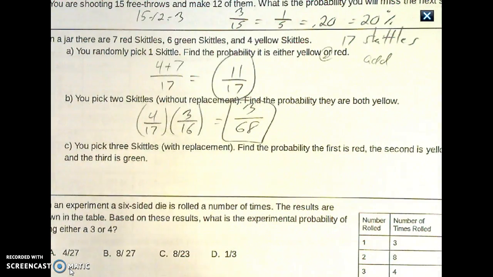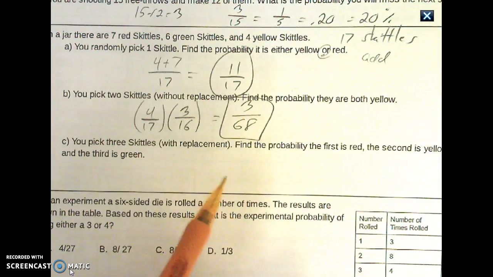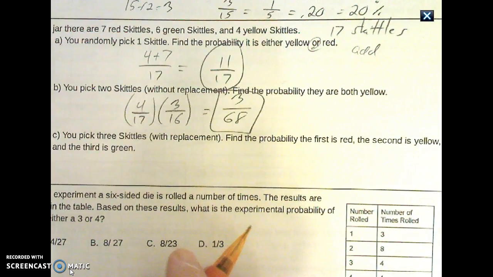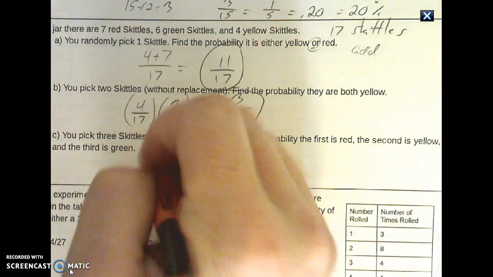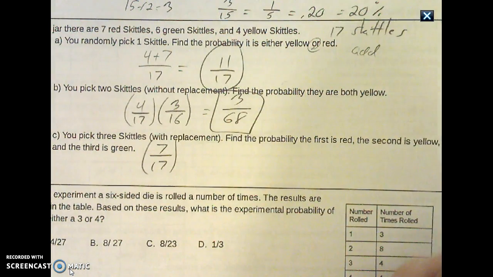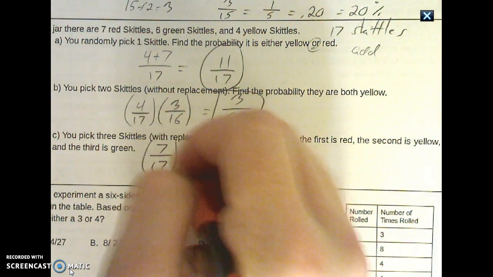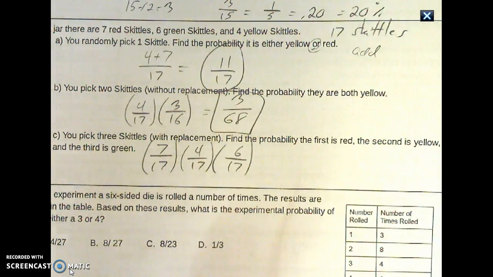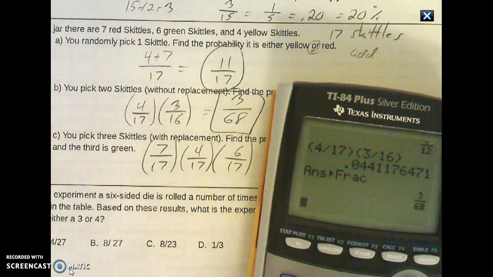Okay, very good. You pick 3 Skittles with replacement. I'm putting it back. Find the probability the first is red, the second is yellow, and the third is green. So I've got 7 red, 7 out of 17. I've got 4 yellow, 4 out of 17. And I've got 6 green, 6 out of 17. Notice I'm putting it back each time.